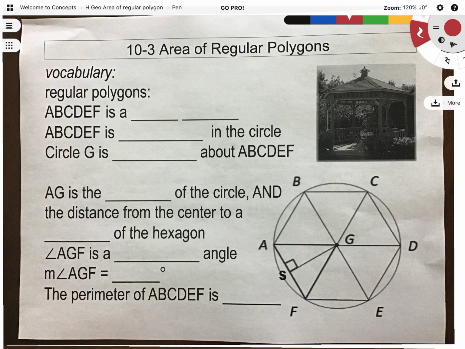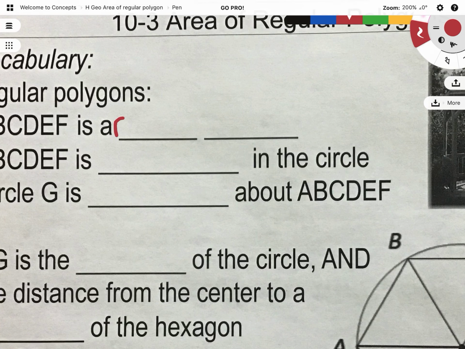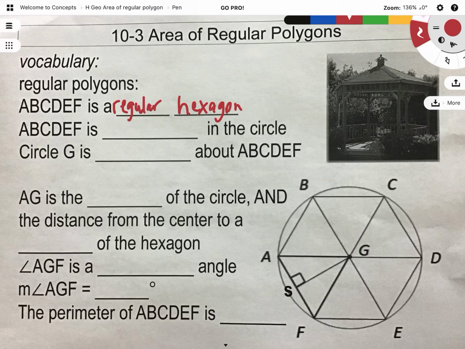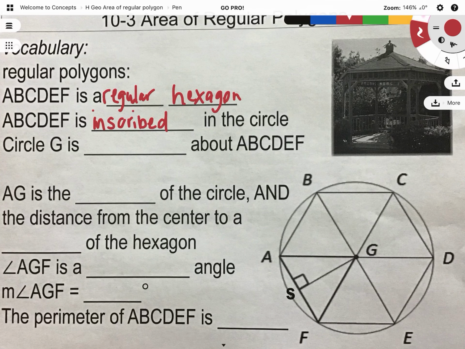So we have this figure A, B, C, D, E, F. It is a regular hexagon. And as we can tell from the picture, it is inscribed in the circle, and circle G is centered about the figure.